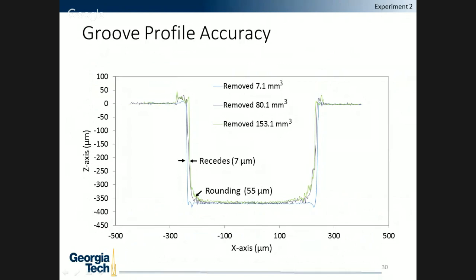As can be seen, when the tool is new, it led to a very square cross section. And when the tool had machined a significant amount, you can see that the grooves receded inwards by about 7 microns. And also that the tool rounded more at the bottom, as is seen.